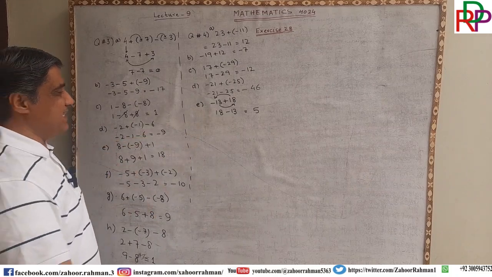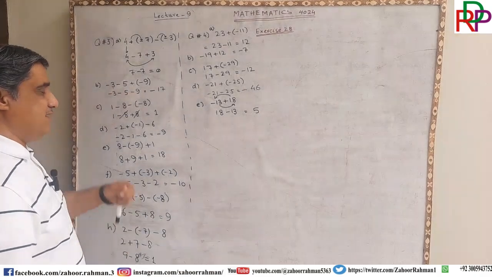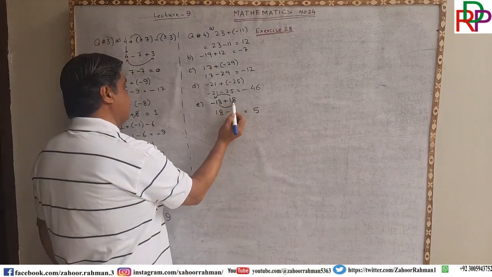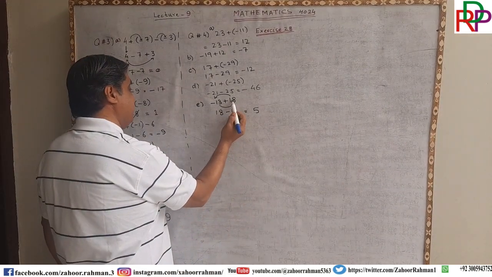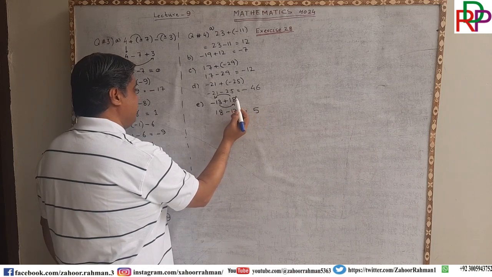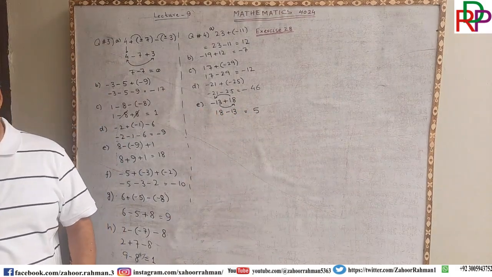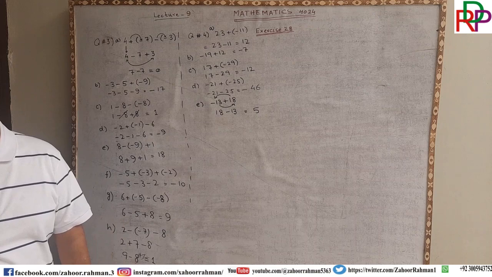In a similar case, because there are two different symbols, you have to subtract 13 from 18, and that will be 5, and the sign of the larger number is positive, so we are not writing the positive sign.